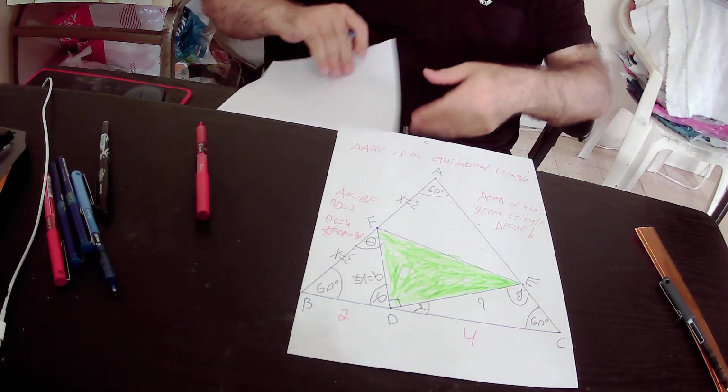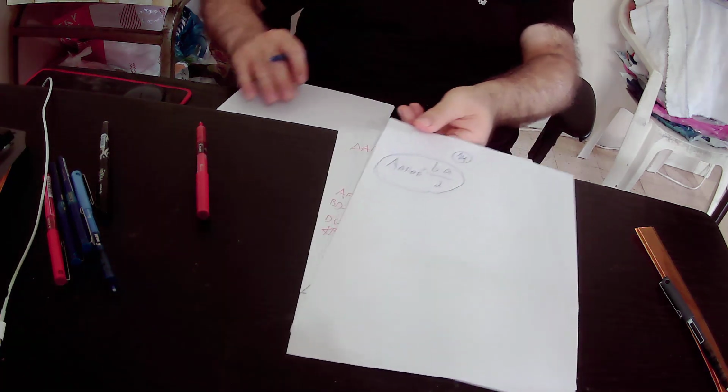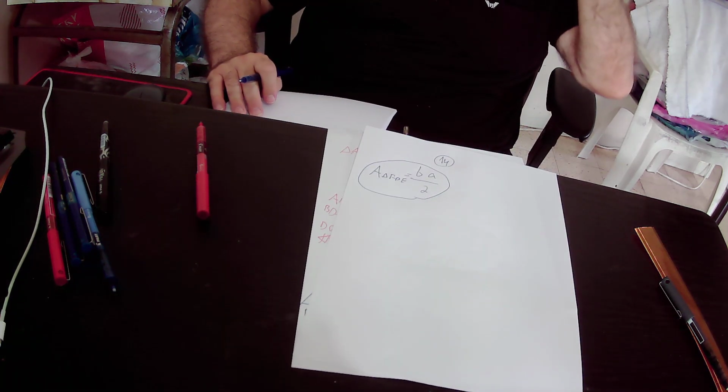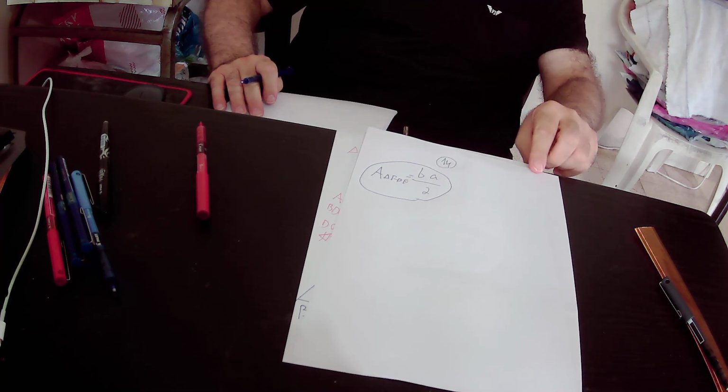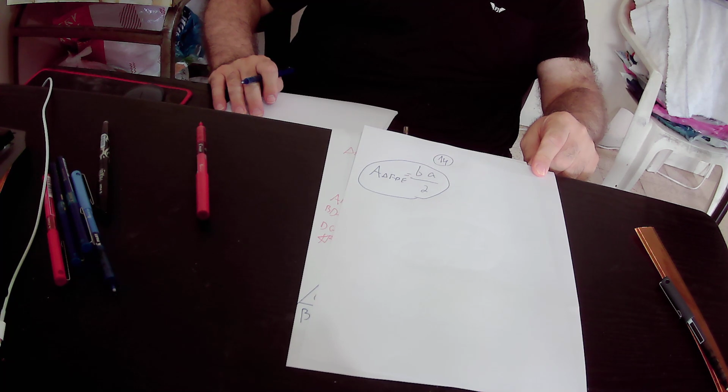So the area of the green triangle FDE equals b times a over 2, and we have already found the values of b and a.